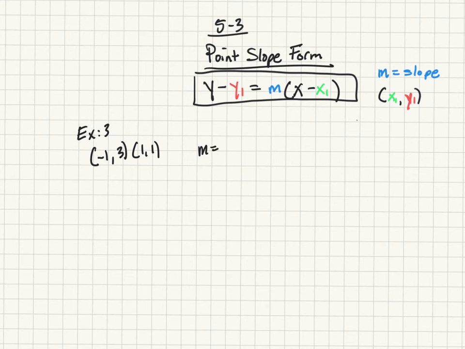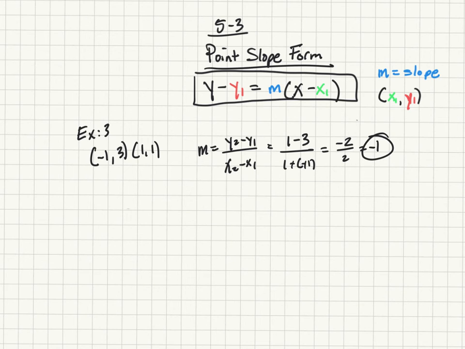And you guys should remember the slope is y2 minus y1 over x2 minus x1. So in this particular problem, it's going to be 1 minus 3 over 1 minus a -1, which equals -2 over 2, which is -1. So that's our slope.